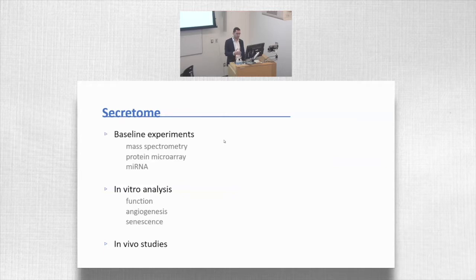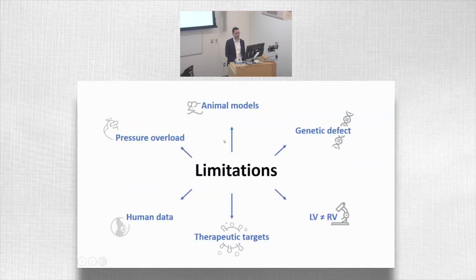We're going to look at the function and the effects on angiogenesis and senescence in tissue culture, and we also want to do in vivo studies in murine and pig models to better understand which of these factors are potential therapeutic targets. But there are obviously a lot of limitations.